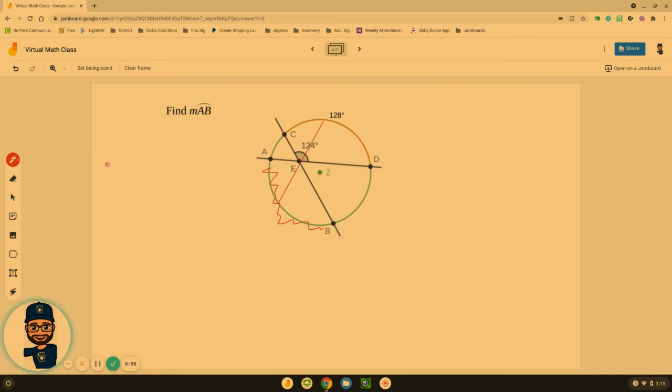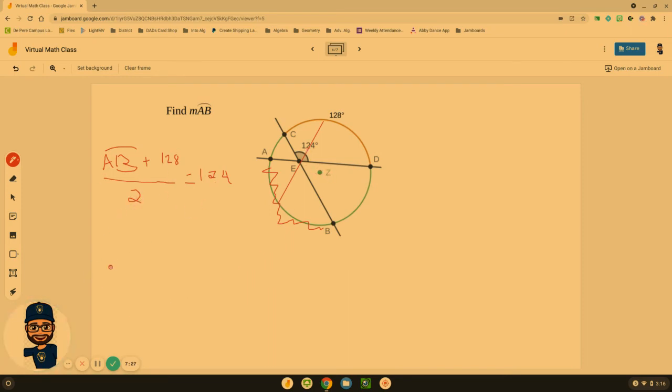So the rule states that arc AB plus the opposite arc, which is 128, divided by 2 will give me that interior angle measure of 124. Arc plus arc divided by 2 gives me the interior angle measure. And again, it's because it's not on the center.